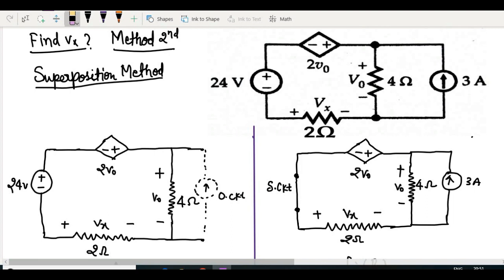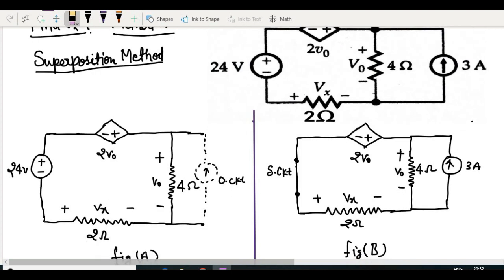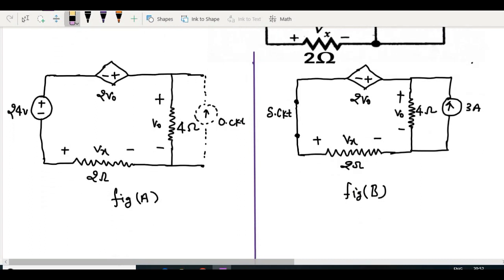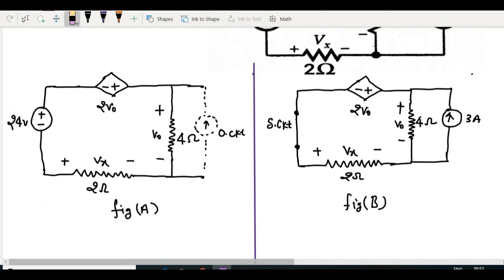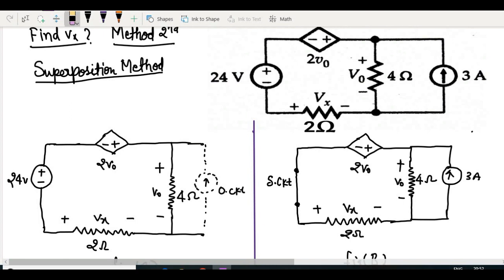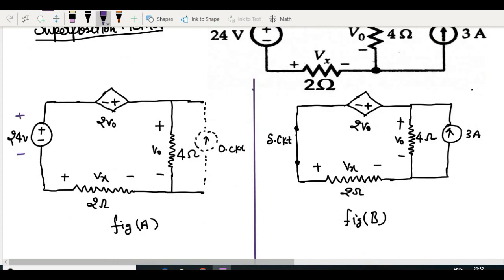We never touch the dependent sources, because they are dependent on other sources and have no independent source of their own. Here is the first circuit with the 24 volt source and the current source open circuited. In the second figure we take the 3 ampere current source and short circuit the voltage source.